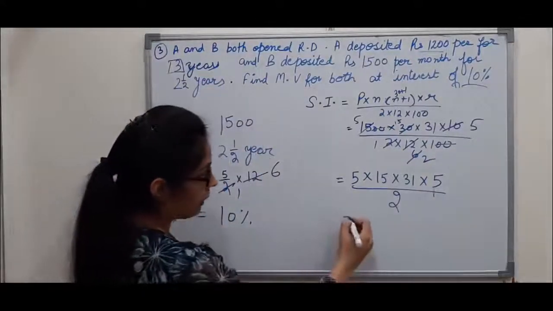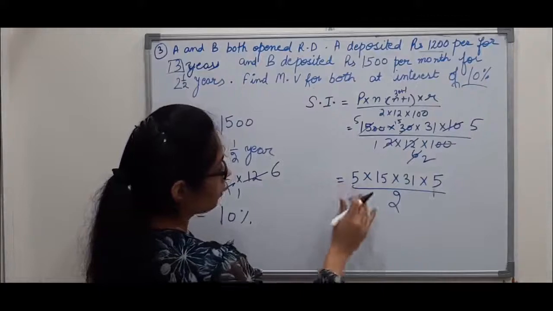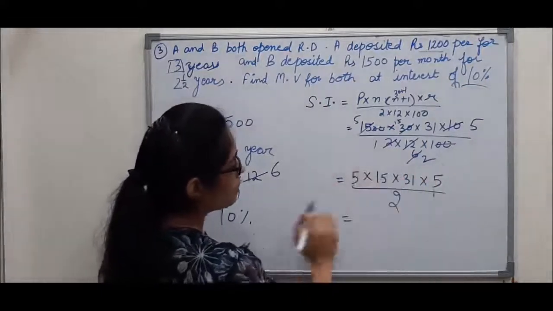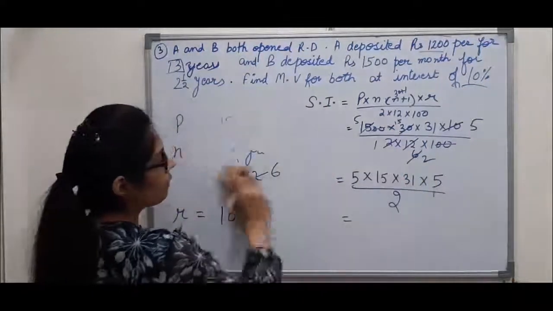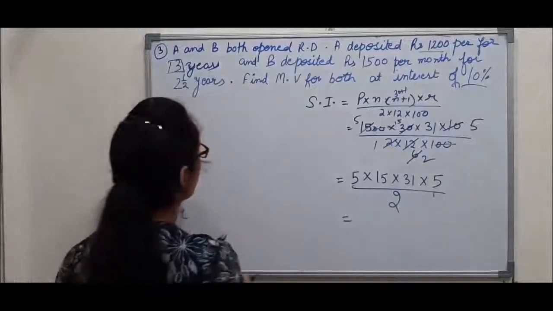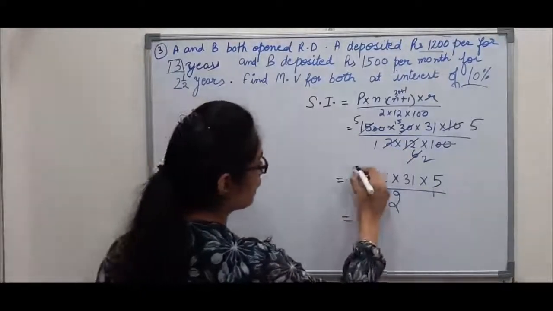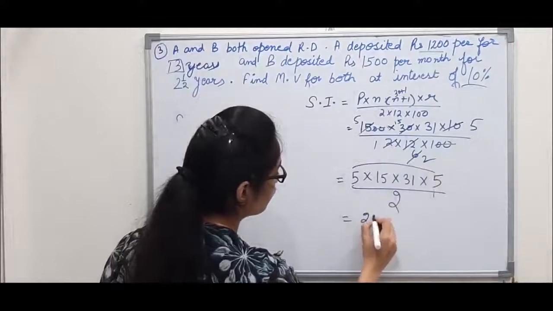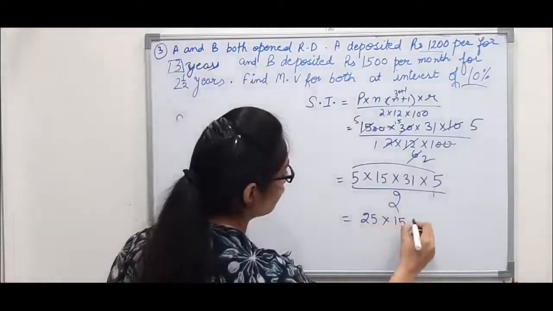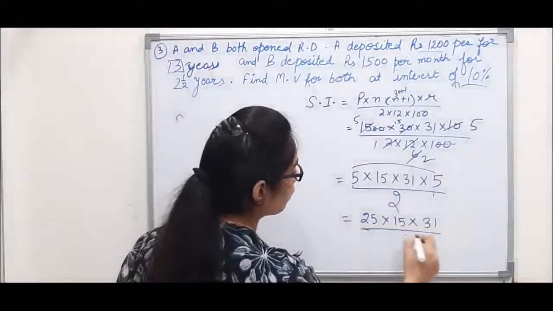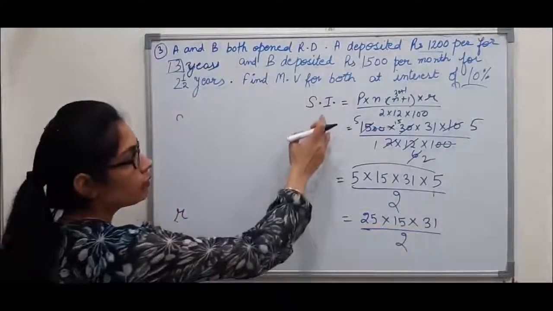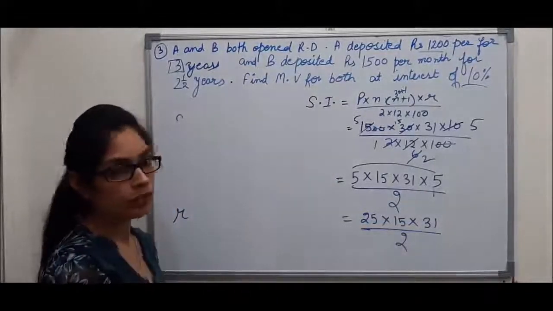Now we will multiply all these terms. 5 into 5 is 25. So 25 we will multiply with 15. See, this 5 and 5 I have multiplied. So it is 25 into 15. Do it step by step so that these big calculations won't confuse you.